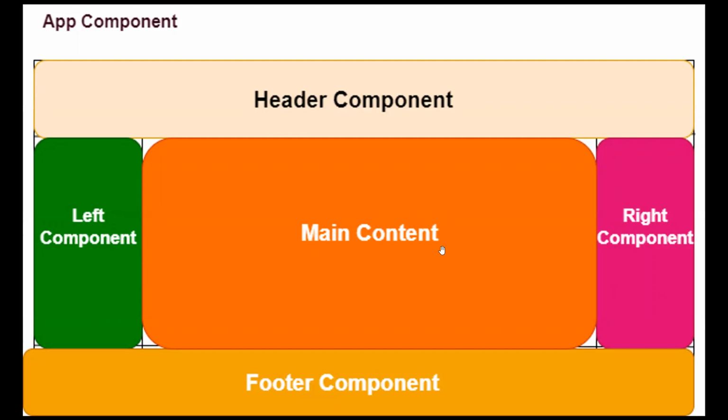If you need a right component, you can add it. It is optional, not mandatory to have all the components. So these 5 components we created need to be included in a parent component, which we can call the app component or master component. That is the meaning here.